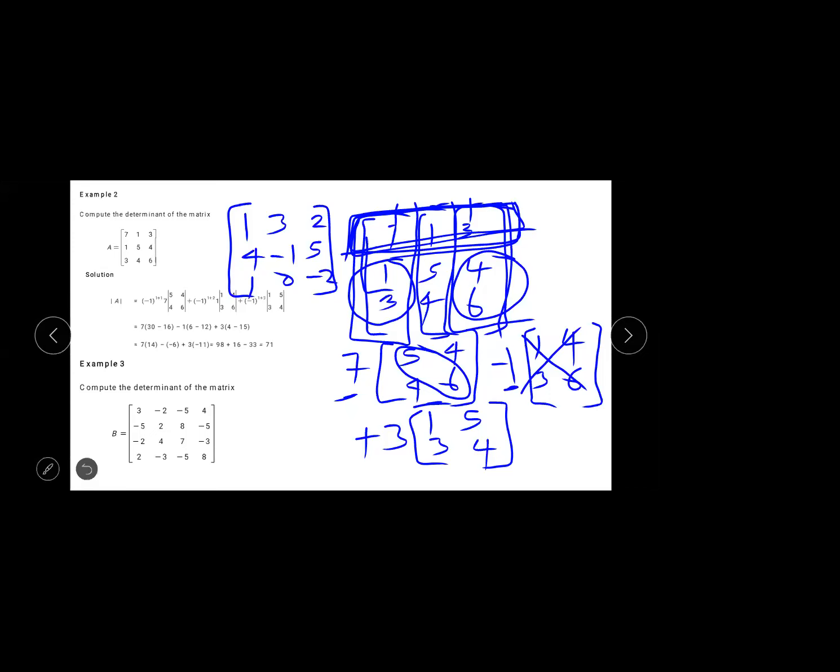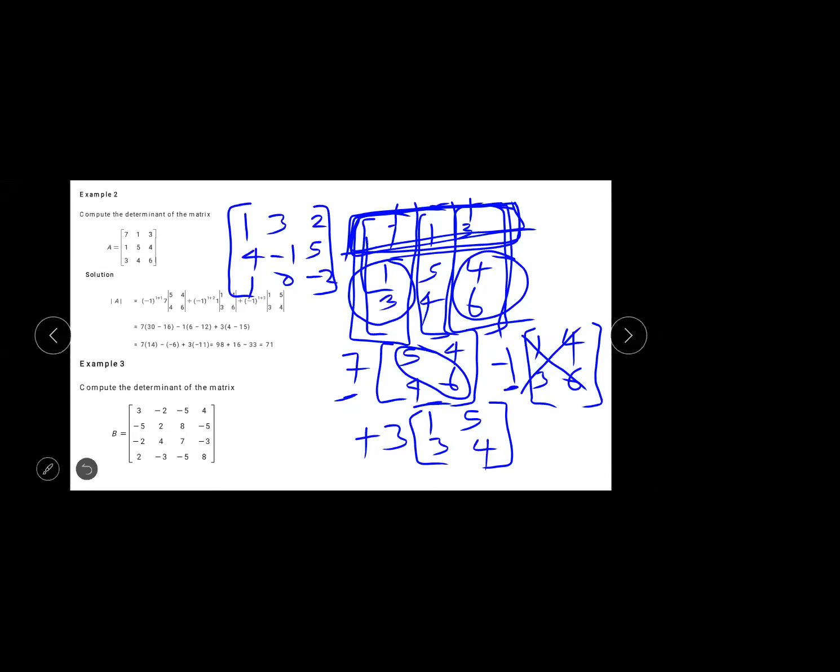You can now pick the first row, plus 1. Cover the row of 1 and cover the column of 1. What do you have left? Write them out. Go to the next one. That will be 3, but the sign on top of it is minus, so it will be minus 3.